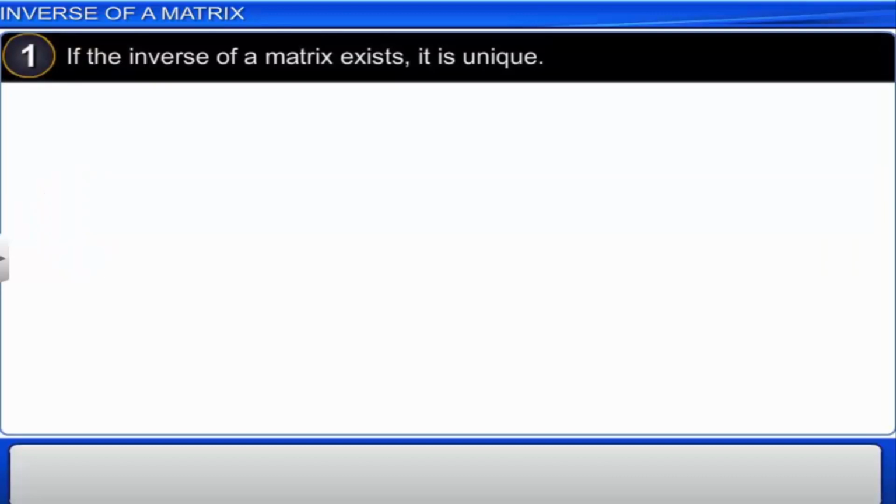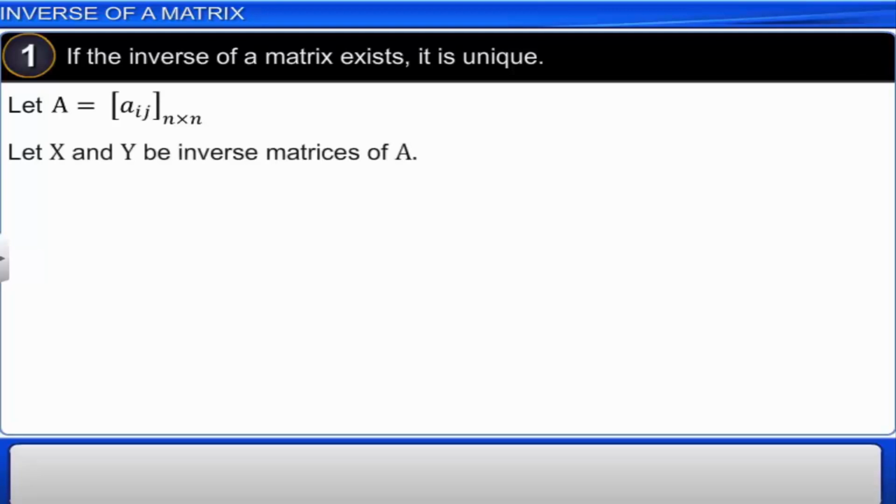The theorem states that if the inverse of a matrix exists, it is unique. Let A be a square matrix of the order n by n. Let X and Y be inverse matrices of A. Therefore, the product of matrices A and X is equal to the identity matrix I. Similar is the case with matrix Y. Now matrix X can be expressed as the product of X and the identity matrix of the same order.